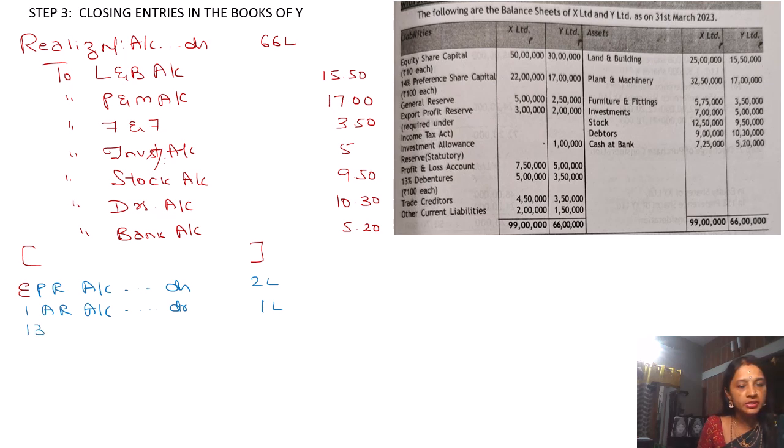Then 13% debentures account debit, amount is 3,50,000. Then trade creditors account debit, amount is 3,50,000. Then other current liabilities account debit, amount is 1,50,000.